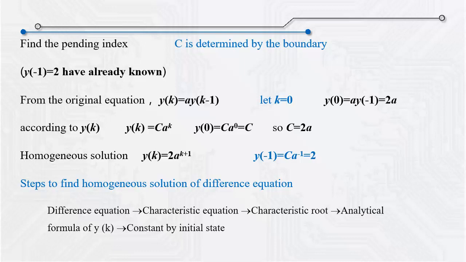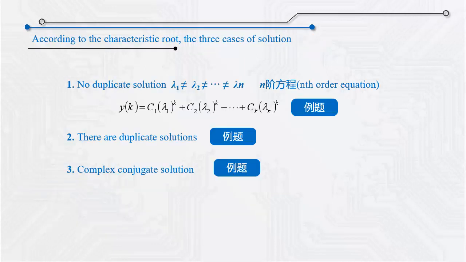Finally, the undetermined coefficient of homogeneous solution is determined from the initial state. So let's do a couple of examples. According to the form of the characteristic root, there are generally 3 cases: single roots, multiple roots, and conjugate complex roots.